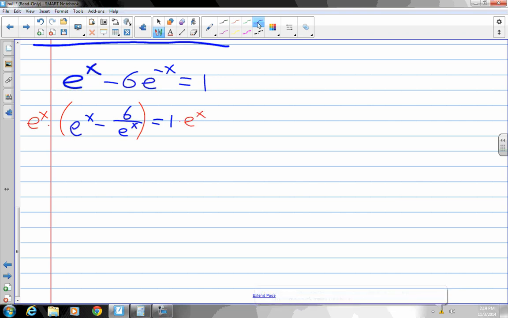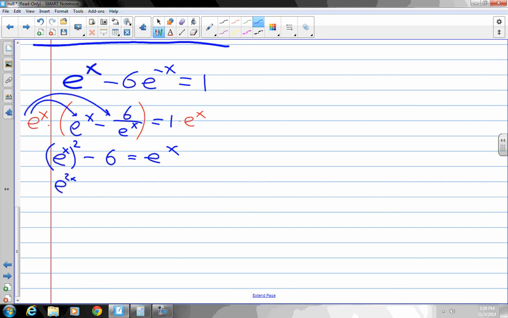Multiply both sides by the LCD. So what happens? This is e to the x times e to the x, which is what? e to the x, but the whole thing is squared, right? So really it is the same as e to the 2x. Now this just cancels, minus 6 equals e to the x. Right?